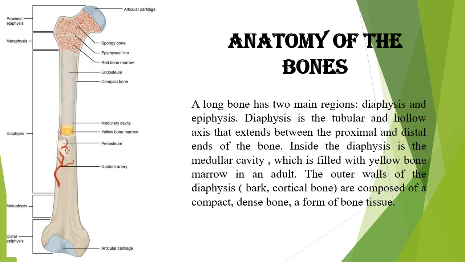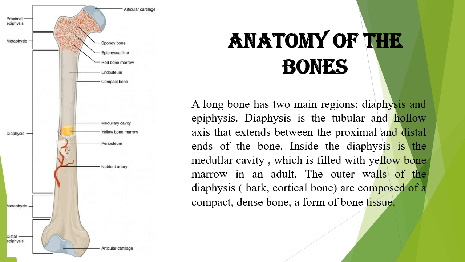Anatomy of the bones. A long bone has two main regions: diaphysis and epiphysis. Diaphysis is the tubular hollow axis that extends between the proximal and distal ends of the bone.